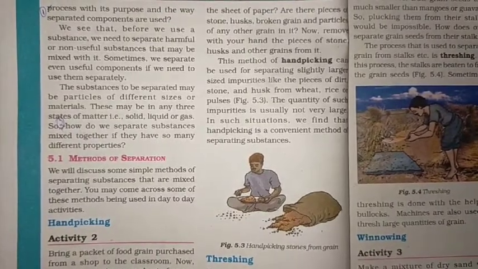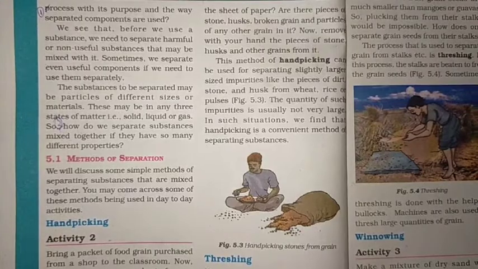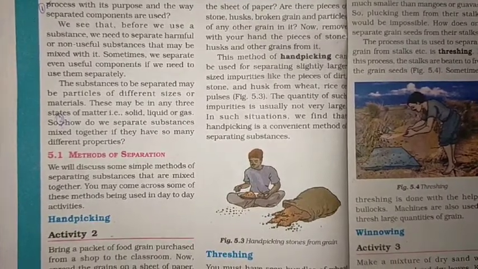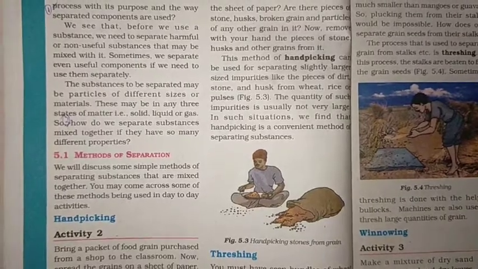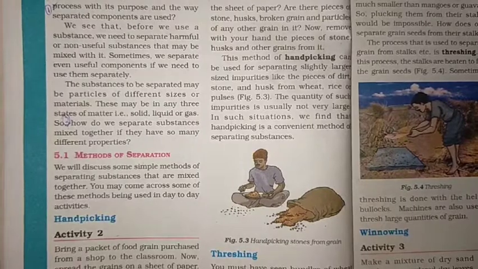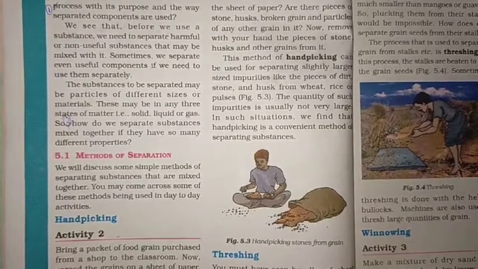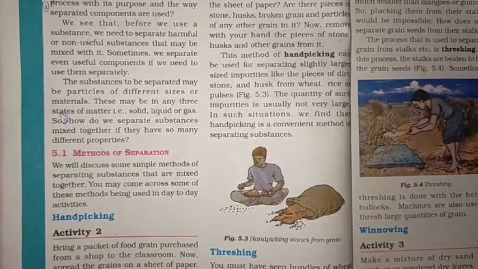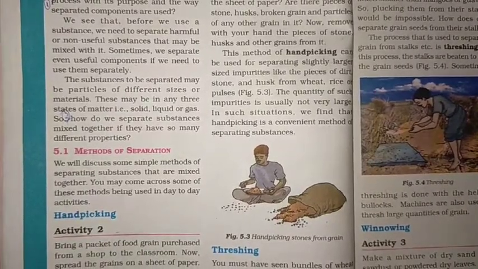Look at the paper: different types of stones, husks and broken grains. Now remove with your hands the pieces of stones, husks and other grains from it.